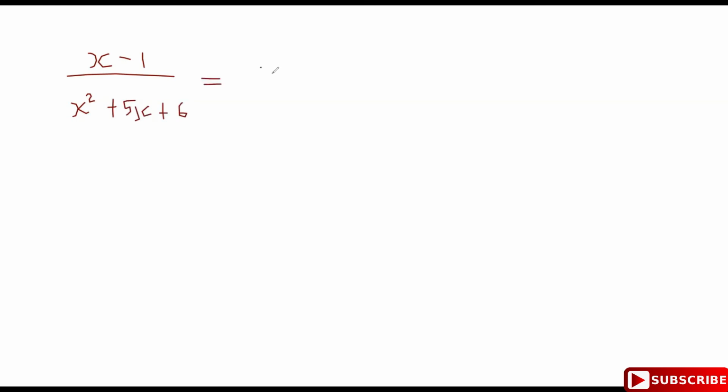We know that this is going to be x minus 1 over, this looks like x plus 2 times x plus 3, definitely. That is x plus 2 times x plus 3. So since this is what we definitely have, now we need to break this up as A over x plus 2 plus B over x plus 3.